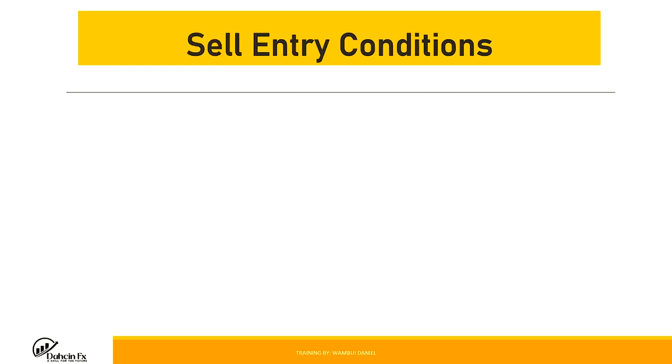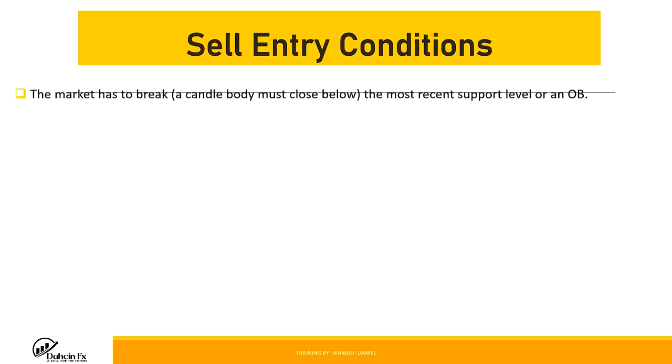So for the sell entry conditions, the market has to break the most recent support level or an OB. When I say an OB, I mean a sell order block, because this is a sell entry. The last OB has to be the last one as we're going down.